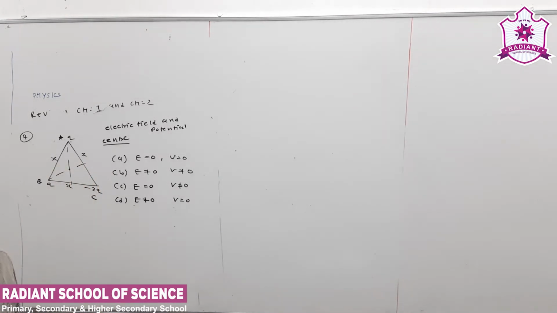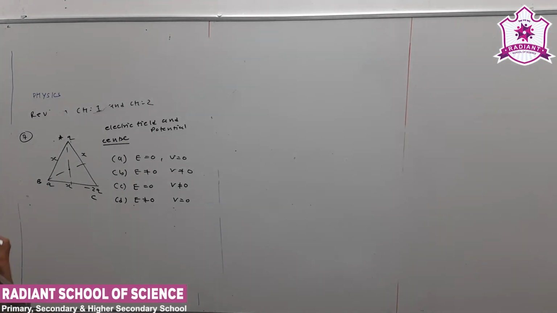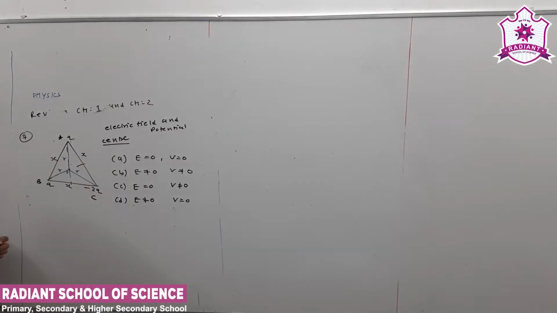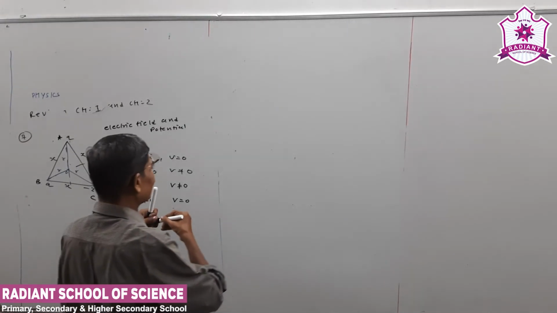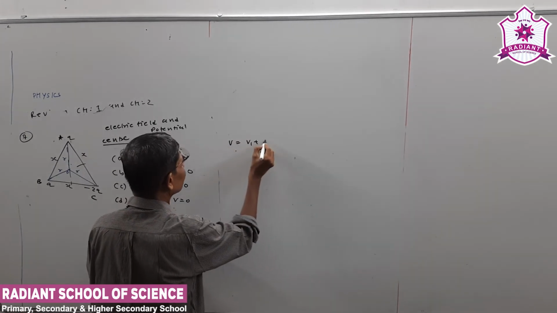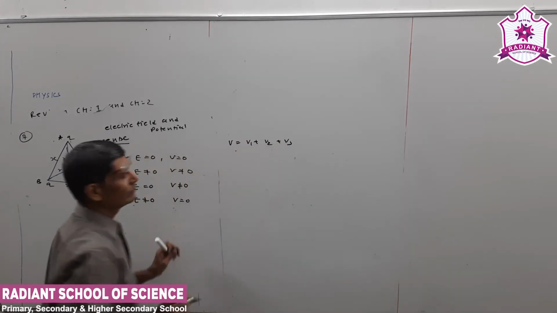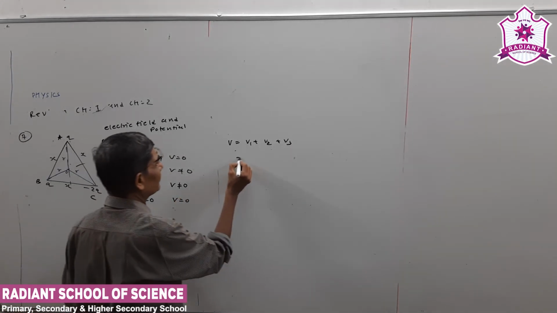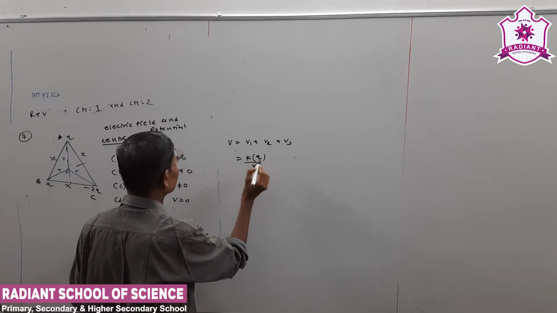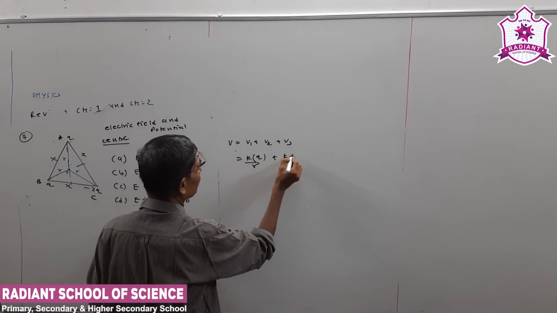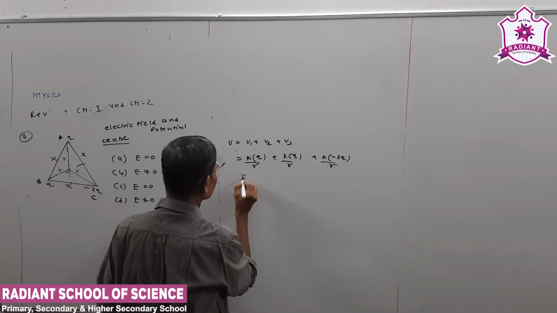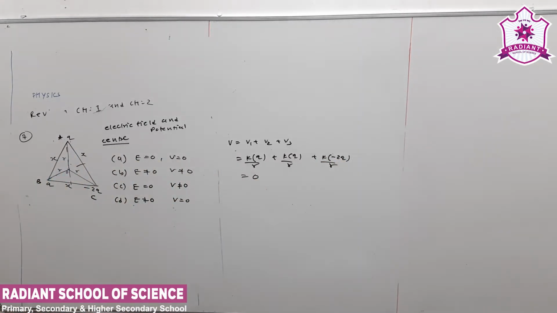Let r be the distance of each vertex from the center. So we can write V is equal to V1 plus V2 plus V3. Being an equilateral triangle, the distance from the center will be the same. So kQ by r, kQ by r, k into minus Q by r: the algebraic sum will be 0.